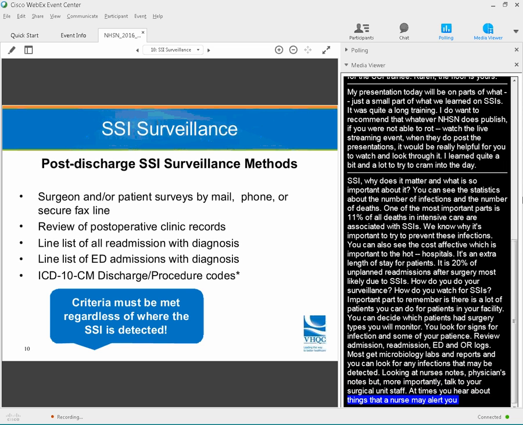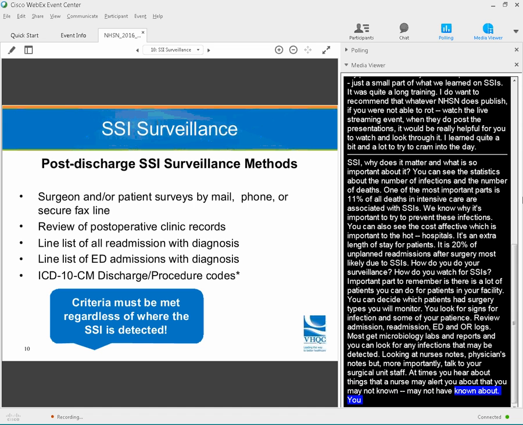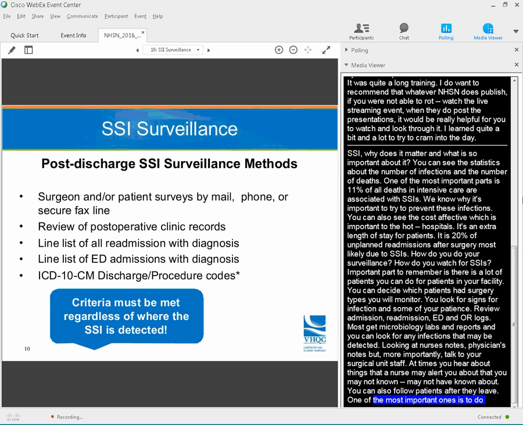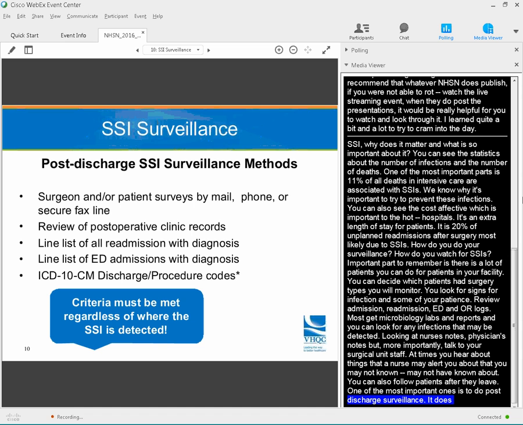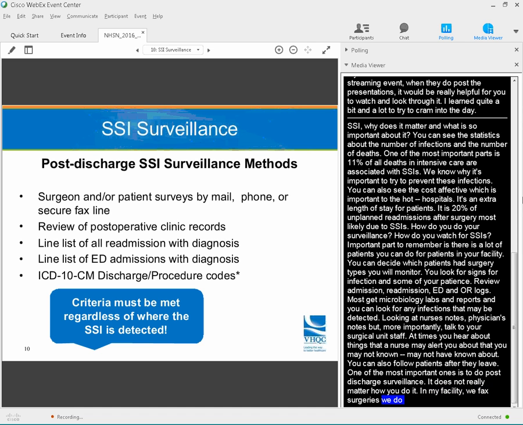You can also follow patients after they leave, and one of the most important ones is to do your post-discharge surveillance. It doesn't really matter how you do it. In my facility, we fax the surgeries each month to the surgeon, and they send back a letter saying if it's an SSI, and if so, what date, and what it was: a superficial, a deep, or an organ space.